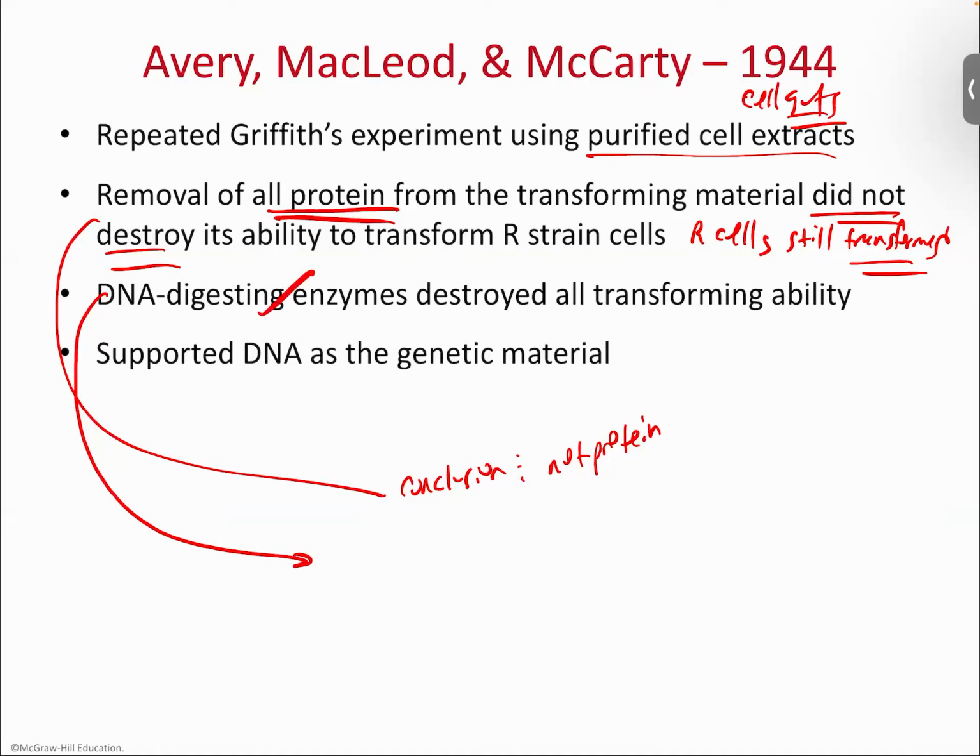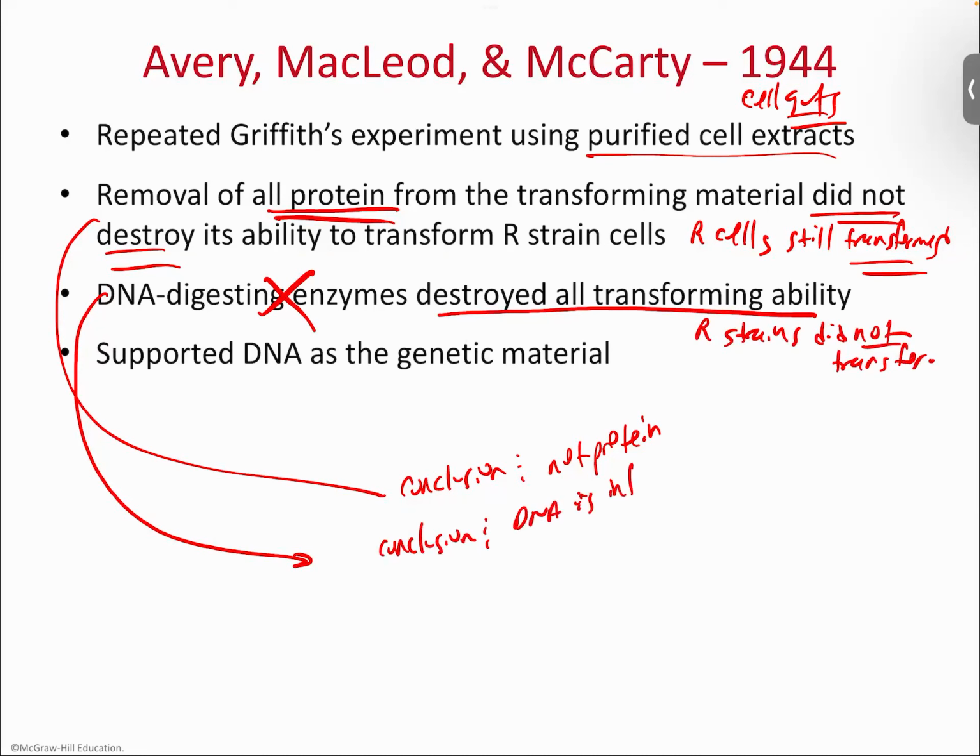They destroyed all the DNA. And then what did they see? They destroyed that transformation ability. So the R strains did not transform. What's their conclusion there? The DNA is the information molecule.